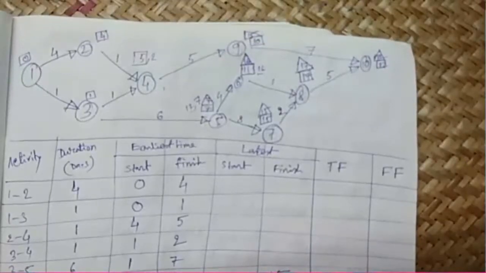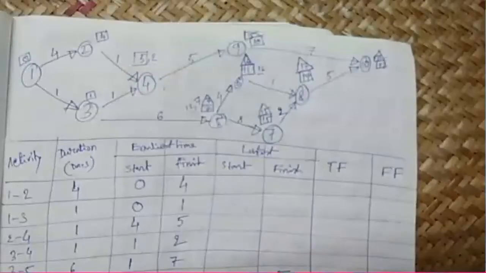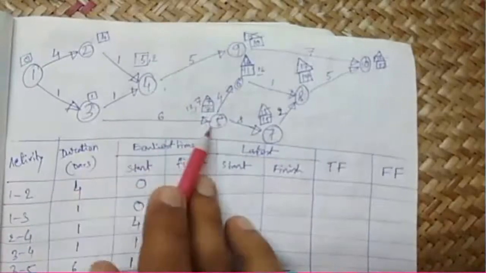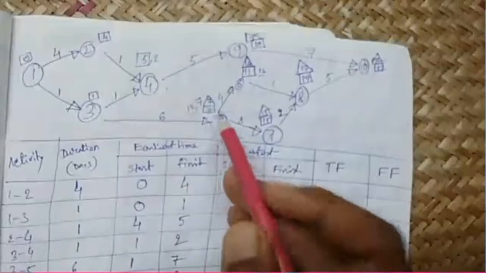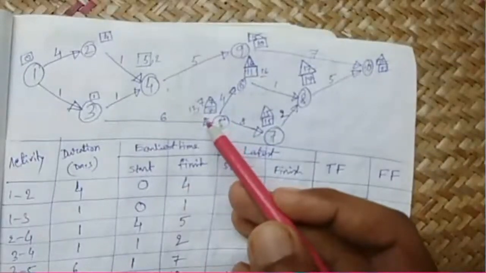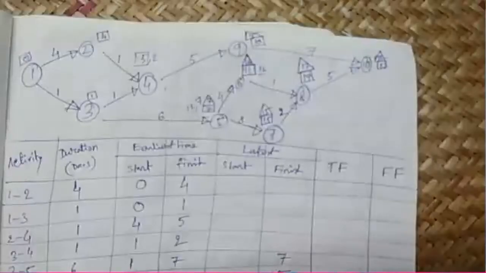Now 3 5. Where is 3 5? This is 3 5. This 3 5 gets completed on 7. We have written here 7, so the latest finish will be 7.